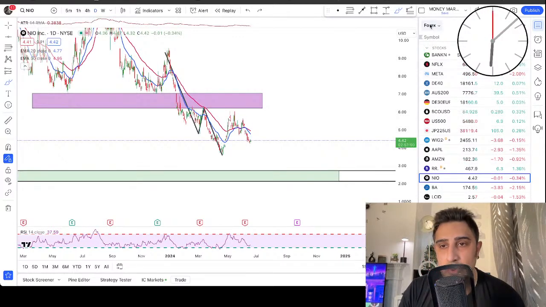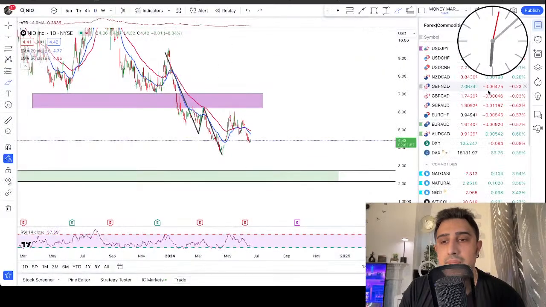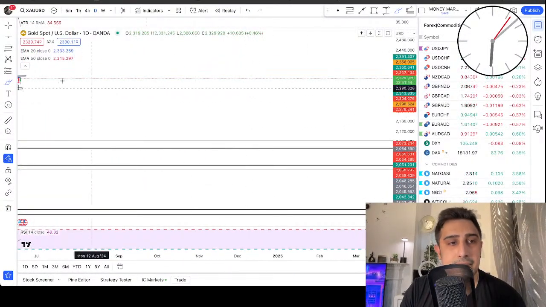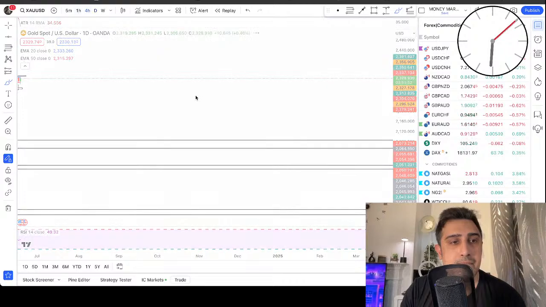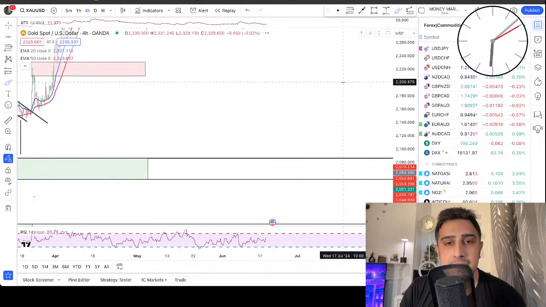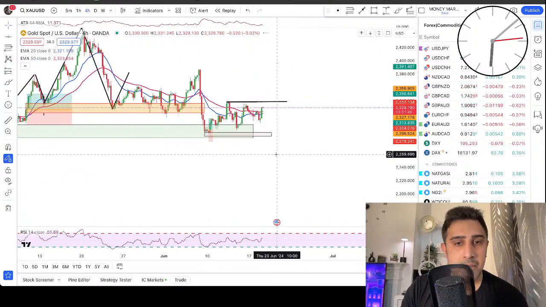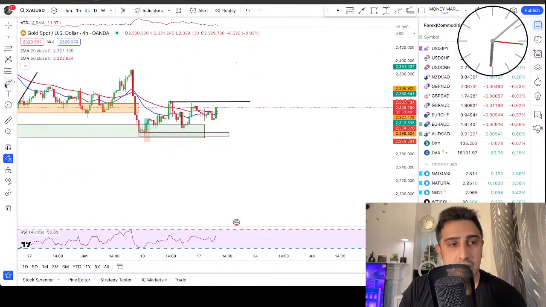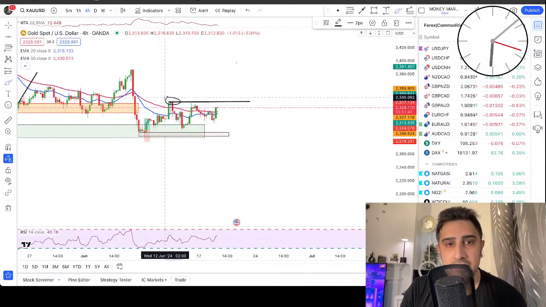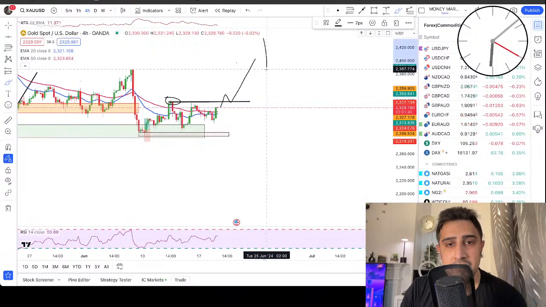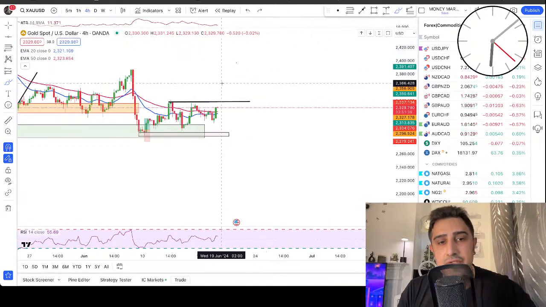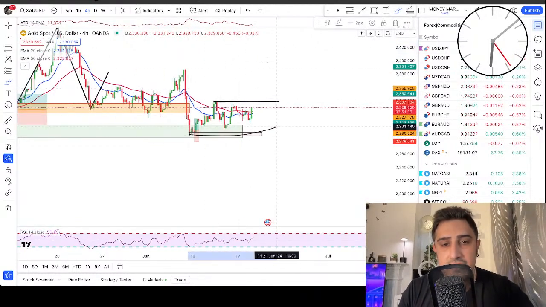Let's take a look at gold. Still range, still waiting for the price to break above this high. Once broken above, we are only looking at buying trades. So we are still not taking any trades while we are in this range.